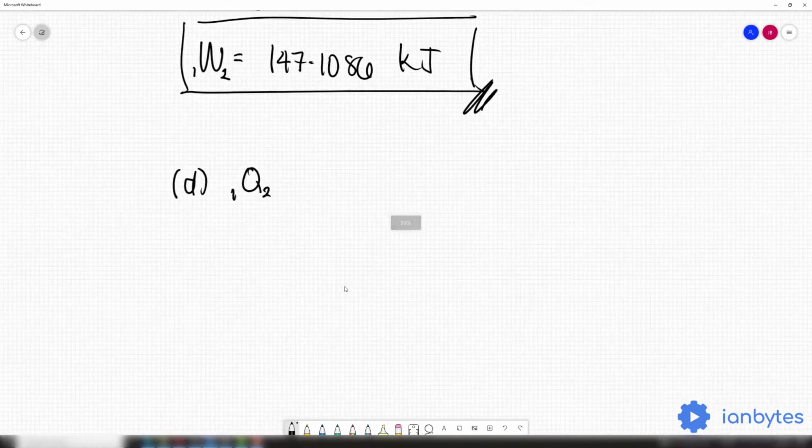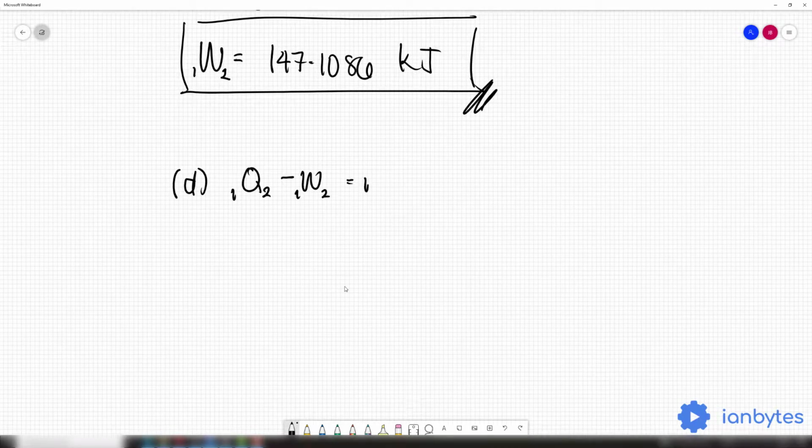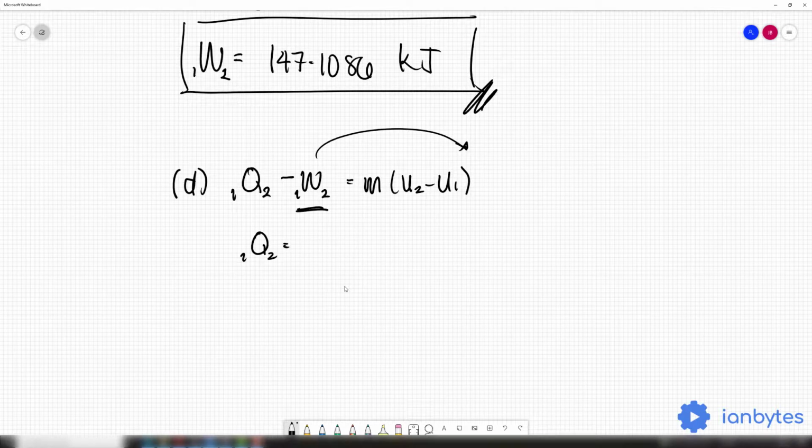We have Q12 minus W from 1 to 2 is equal to M multiplied by U2 minus U1. Transposing W to the other side of the equation, we have Q from 1 to 2 is equal to M multiplied by U2 minus U1 plus W from 1 to 2. And since we know all these values, let us just substitute them in our governing equation.